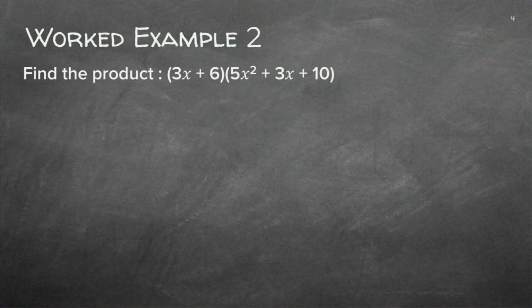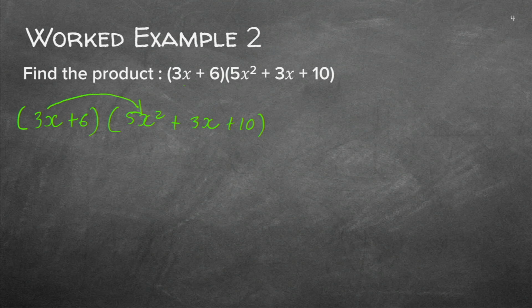So we have 3x and 6 multiplying the other bracket with 5x squared plus 3x plus 10. Now, rewriting this whole thing, 3x plus 6, and then we also have 5x squared plus 3x plus 10. I must multiply the first term with the first term on the other bracket.